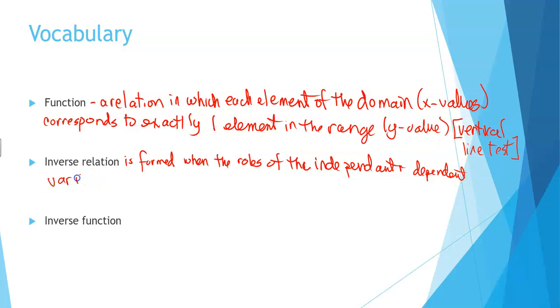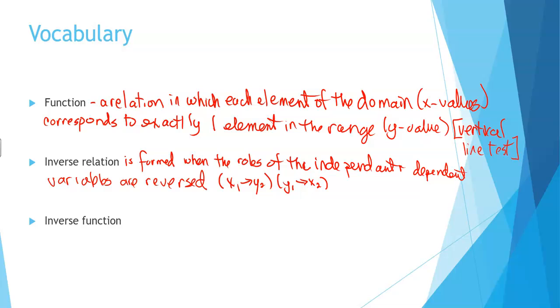In other words, the x's become the y's and the y's become the x's. So the x's from your first function become the y's from the second function, and the y's of the first function become the x's of the second function. And that's just my shorthand. I just made that up. So nothing official about that, but that's one way to think about it.